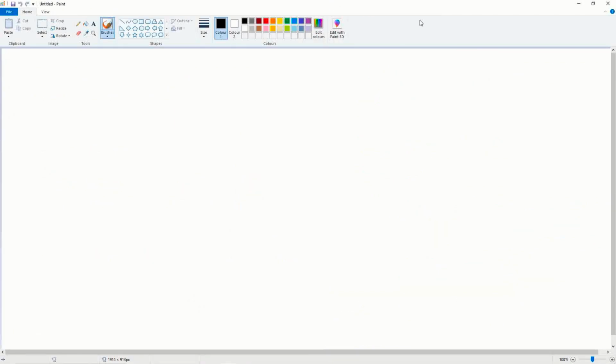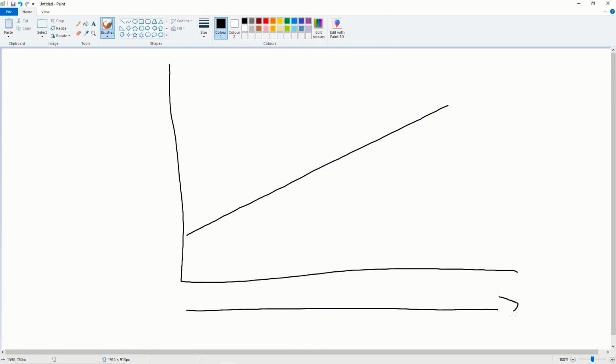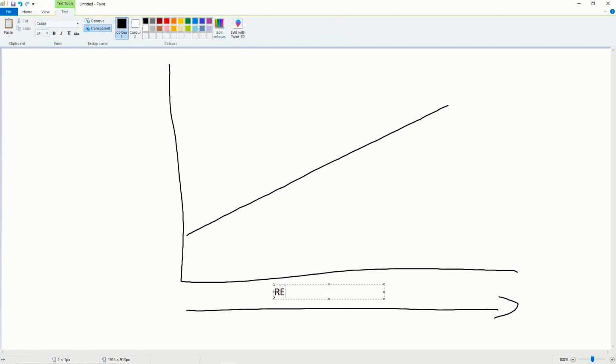So effectively, we can express our regression line as a scatter plot. We can have a line of best fit. Let's say it looks like this. And along our x-axis here, we have our IV. So in this case, our IV is research.